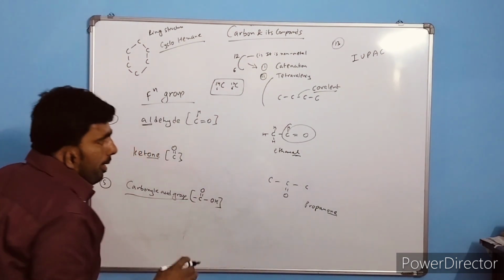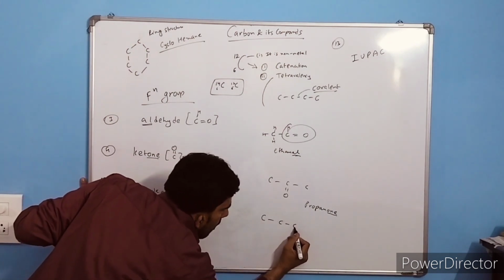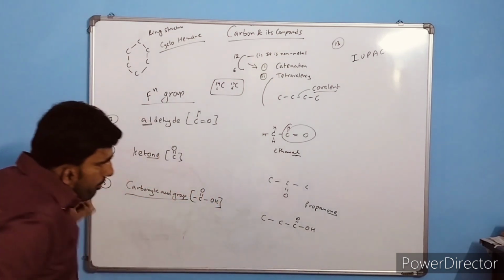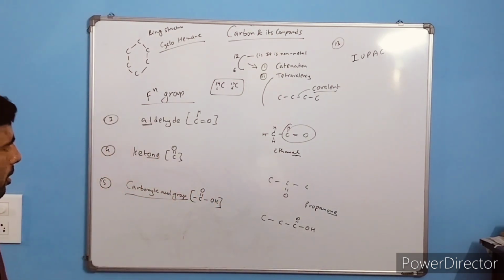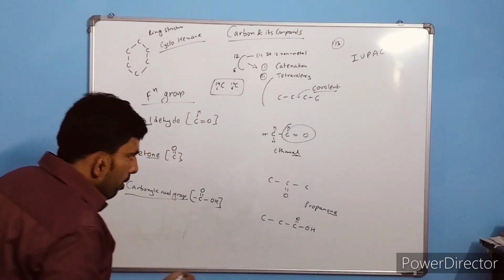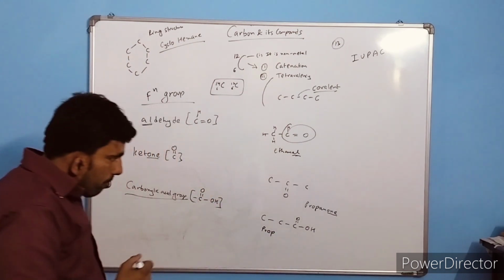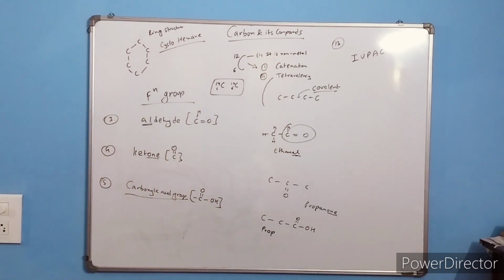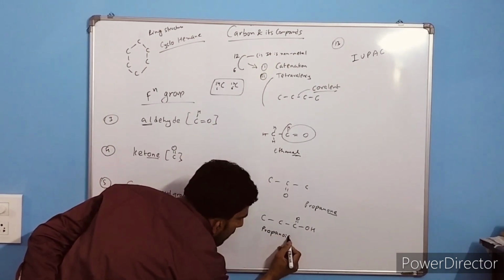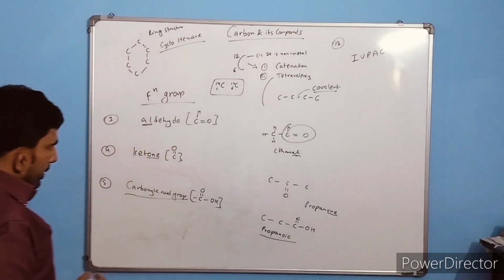Let us see an example. If I take this, you can easily identify how many carbons are there. Three. So it will be prop. Propanoic acid.